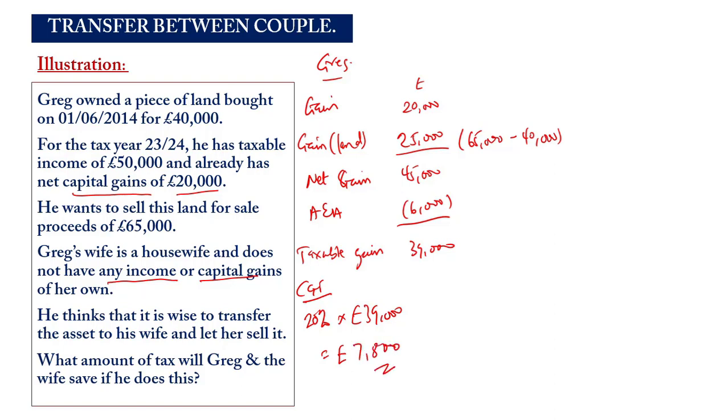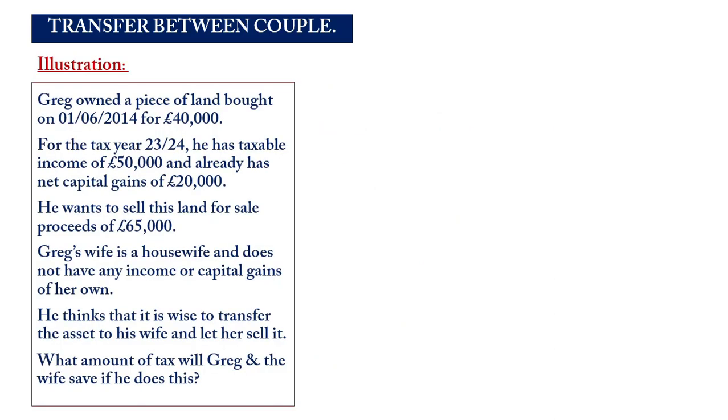7,800 pounds. Now, when we come to the point where Greg transfers the land to the wife at no capital gains tax arising, Greg will now have the net gain of the 20,000.